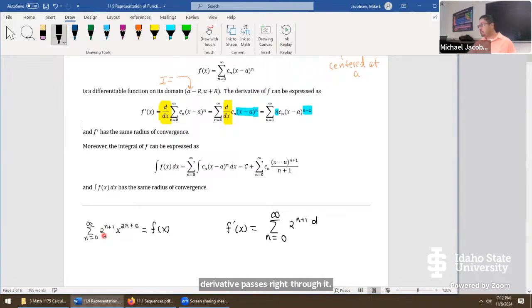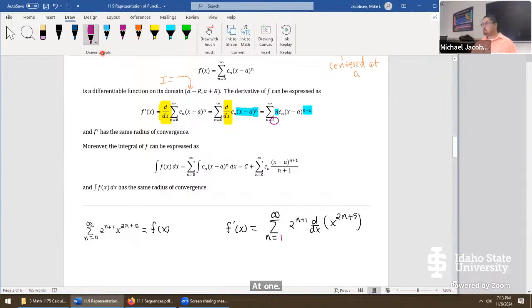But what we're differentiating with respect to x is x to the power of 2n plus 5. Already, though, this is a bit of a logical issue if I write it out this way. The index has to start at 1. Notice it's also a 1 right here.